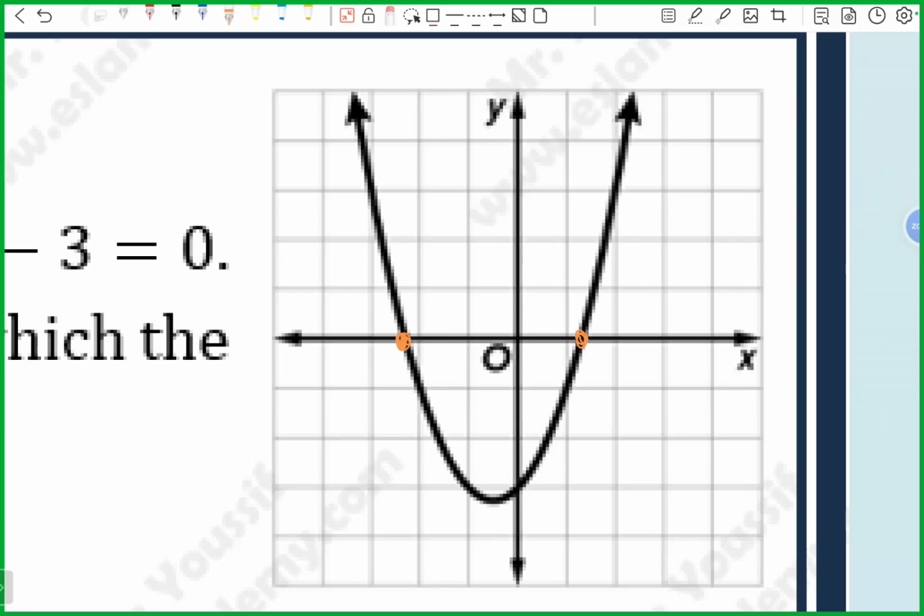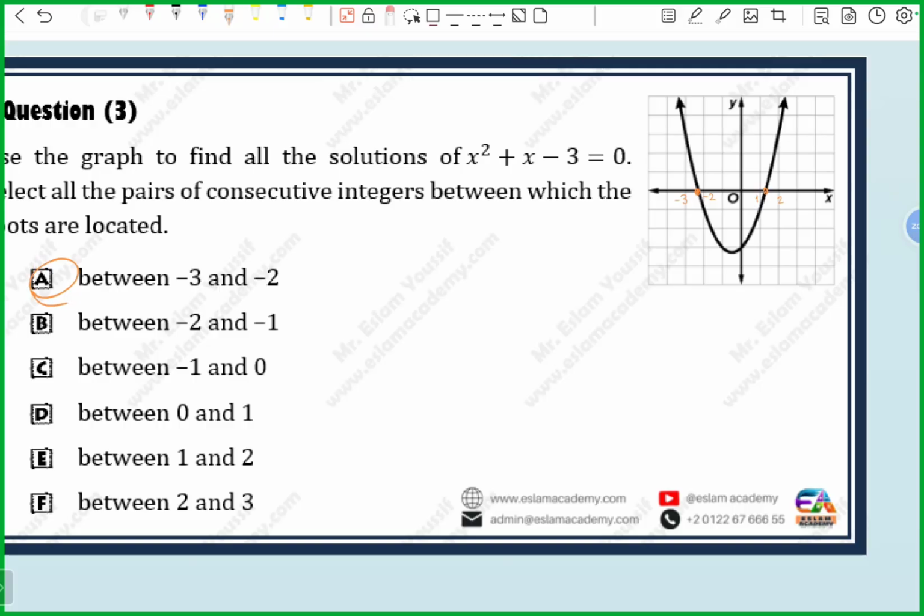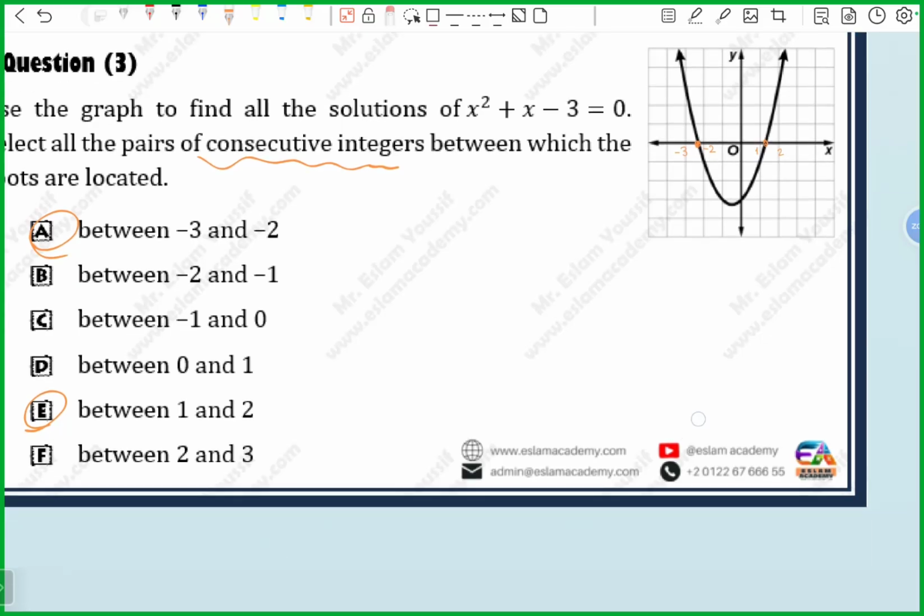So to solve it, we need to find the two integers the solution lies between. So you find that the solution lies between -3 and -2, and between 1 and 2. You understand how to solve it? The question asks between which two consecutive integers the solution lies.